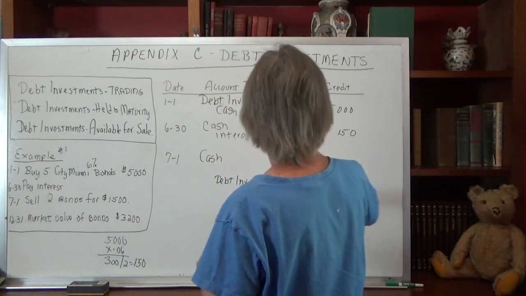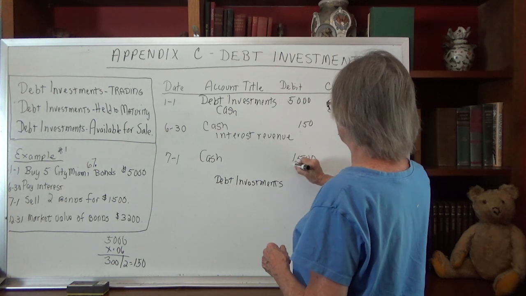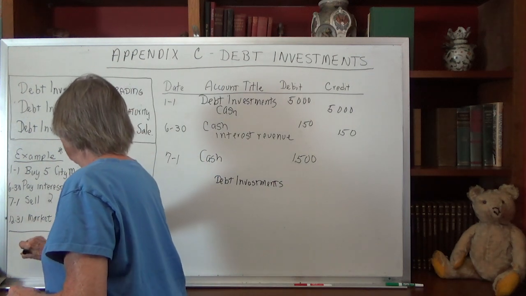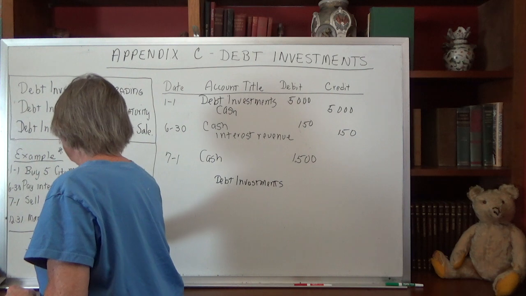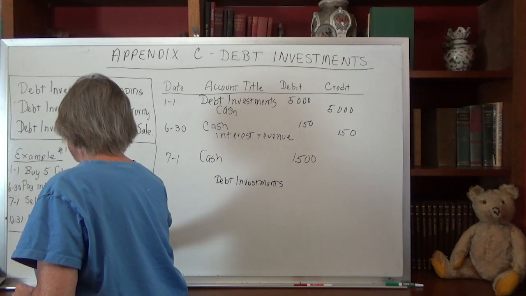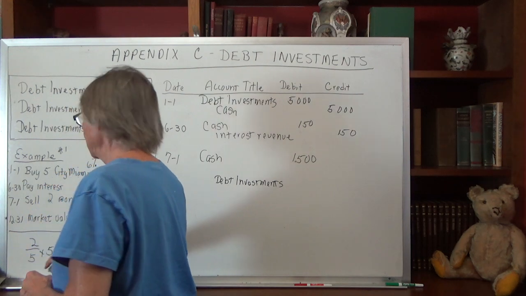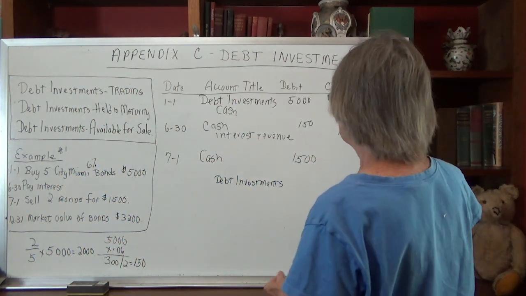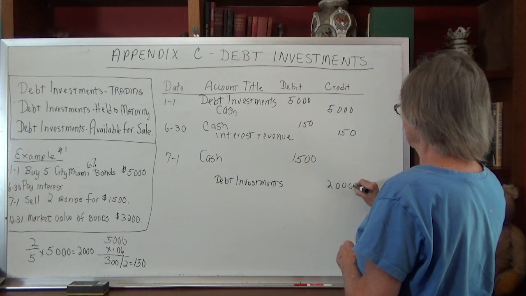We got $1,500, so we know that. But then we have to figure out, what was the cost of these bonds we sold? We sold 2/5 times the $5,000 cost, so the cost of the bonds we sold would be $2,000. The math won't always be that easy. So debt investments come off the books for $2,000.